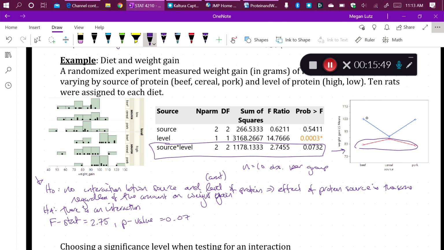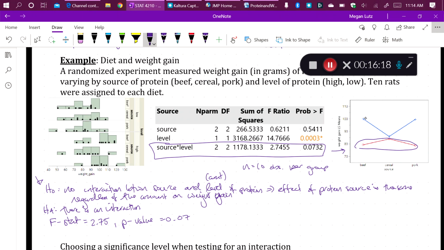So if rats had a high protein diet and they were on beef or pork, they gained about the same amount of weight. So no difference between beef or pork for the high protein diets. However, if rats had cereal with a high protein diet, there was about a 15-gram difference. And these are rats, so 15 grams for a rat is a big amount.